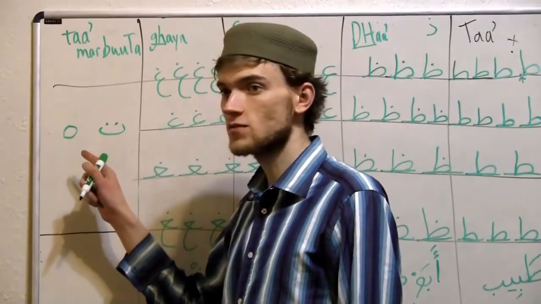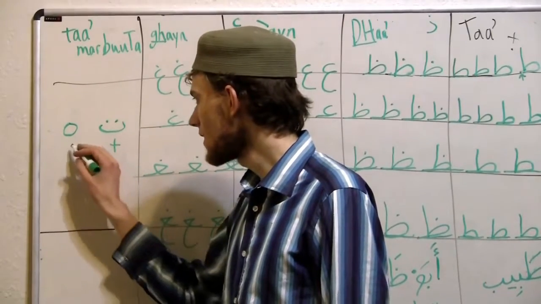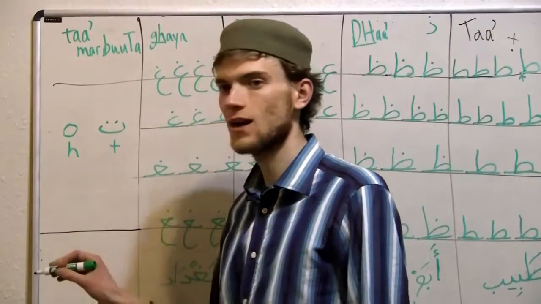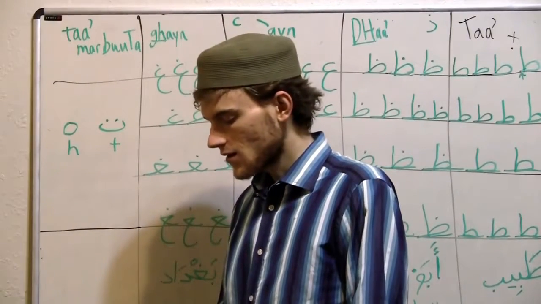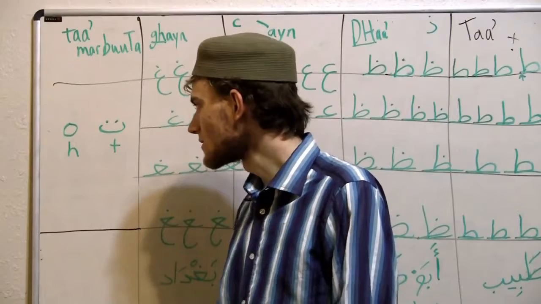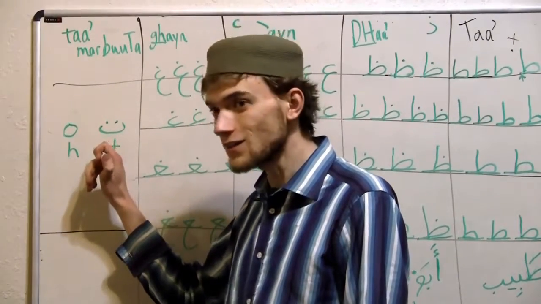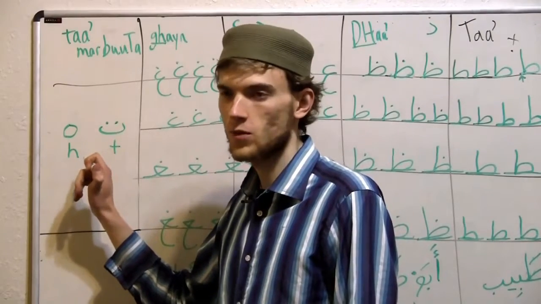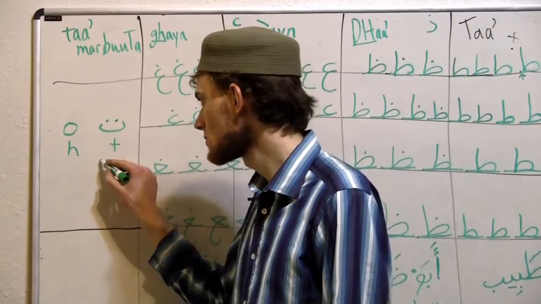The reason for this is because sometimes it's pronounced like a t, and other times it's pronounced like a ha. When we pronounce a vowel on this letter, it's pronounced as a ta.